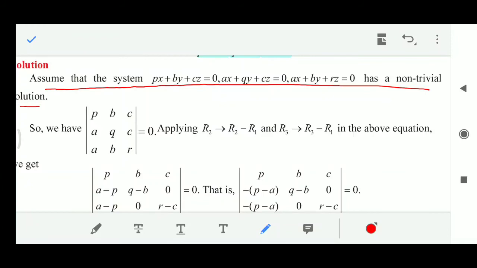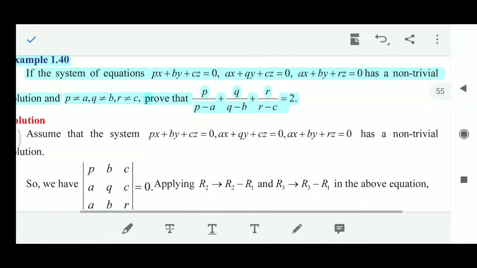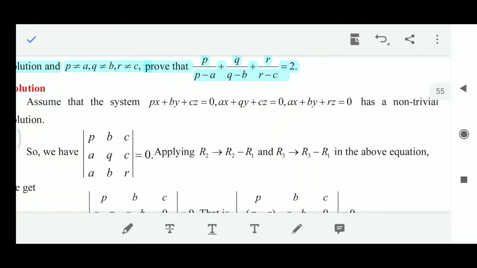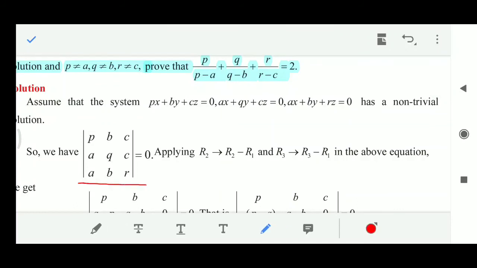We take the three equations and assume that this has non-trivial solution. So we have the determinant P, B, C, A, Q, C, A, B, R is equal to 0.